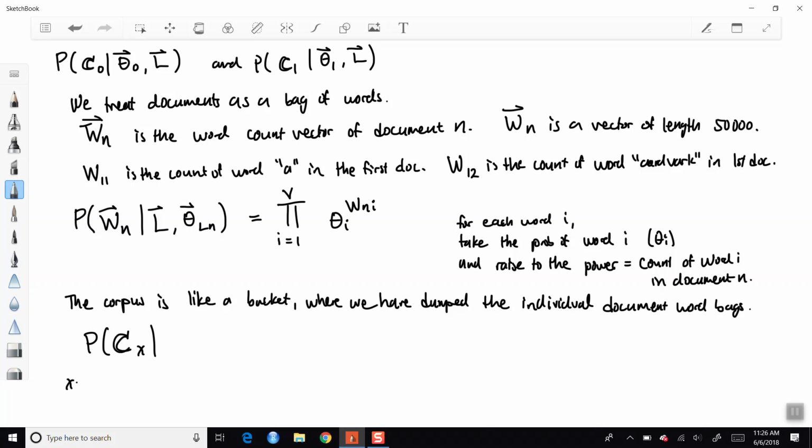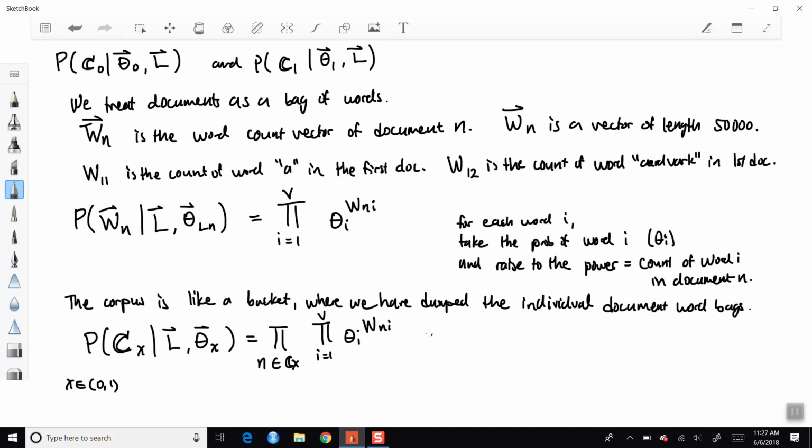Given all of the labels and the theta that corresponds to X, it's just the product, for all the documents that belong in the corpus, of the product from i equals 1 to V of theta i raised to the Wni.